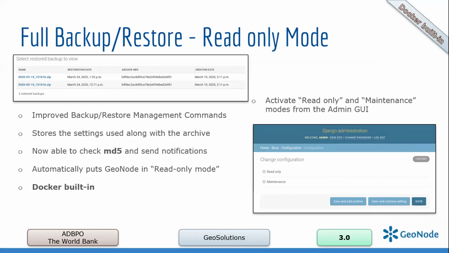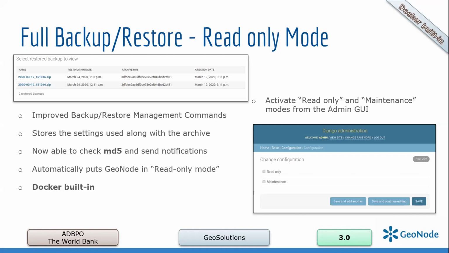The backup is now able also to dump an MD5 hash related to the final archive, and also when you start executing a backup or restore, the script automatically puts GeoNode into a read-only state. That means that while the backup and restore is running, the users won't be able to upload new datasets or modify their datasets.